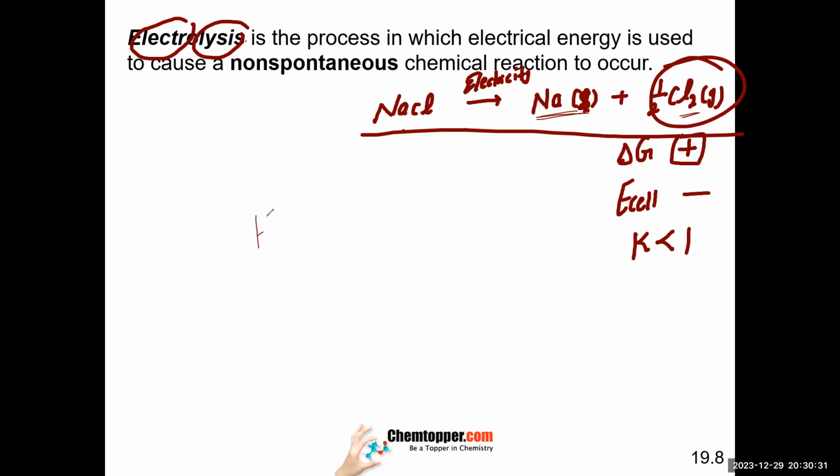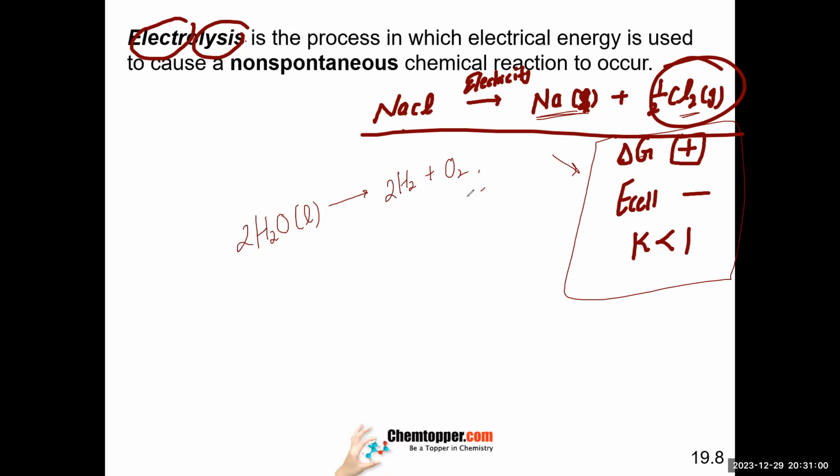Same with water. You know, water is one of the most stable compounds. It is the most abundant compound on the earth. It's very stable. So breaking down this H2O to H2 and O2 cannot be done by normal reactions because it is again a non-spontaneous reaction. I'm balancing the equation.